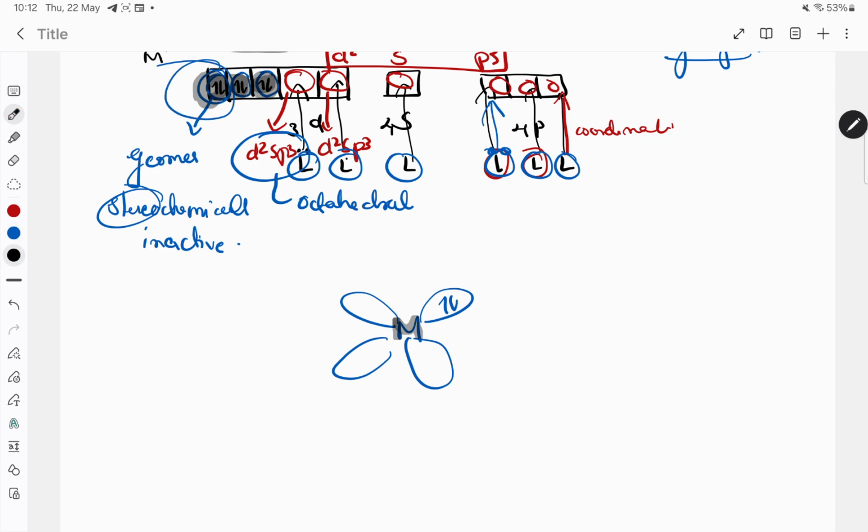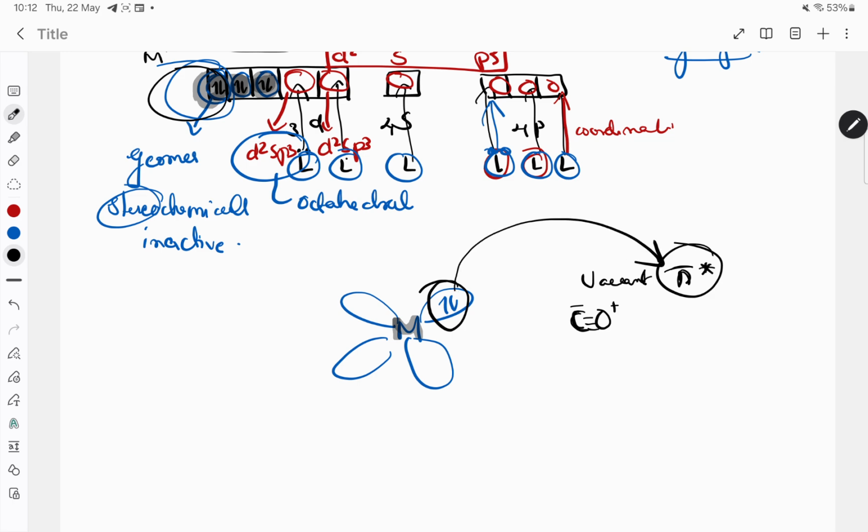If a non-classical ligand such as CO, with a carbon-oxygen triple bond, comes in, CO has a vacant pi star anti-bonding orbital. So the metal's lone pair, its non-bonding electrons, can be given back to this anti-bonding orbital.